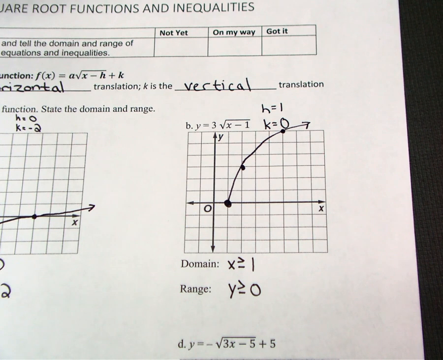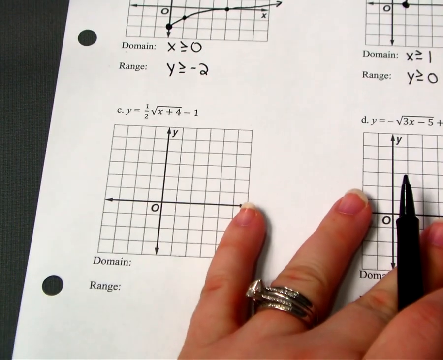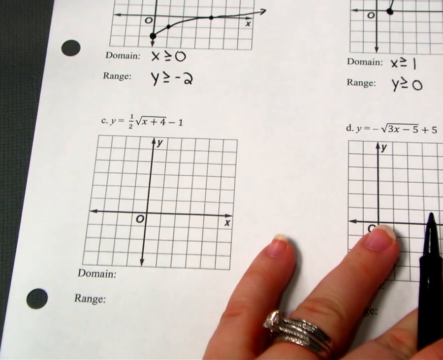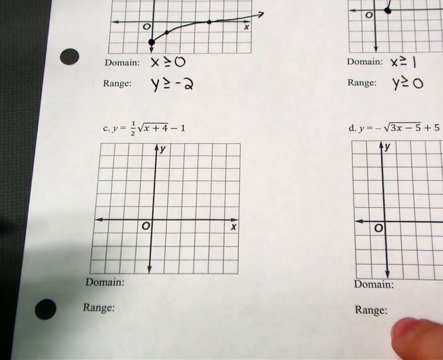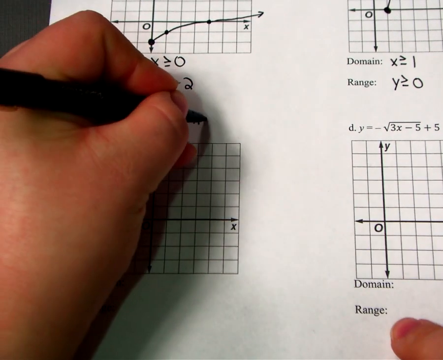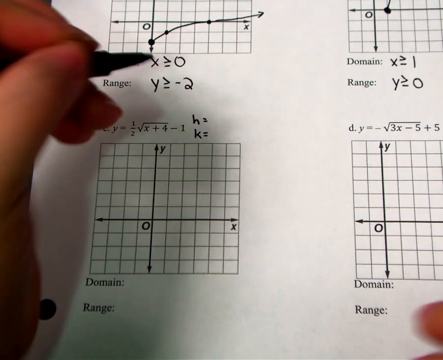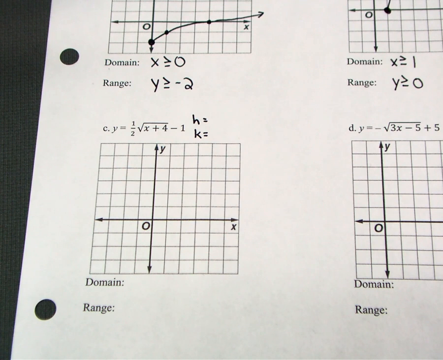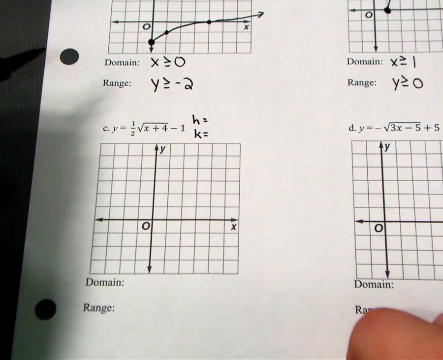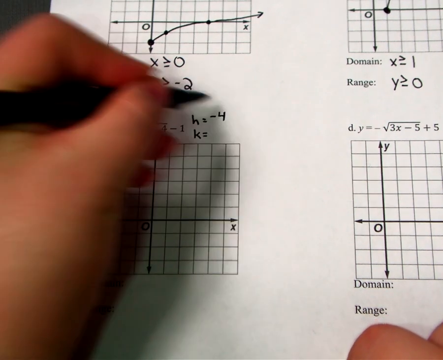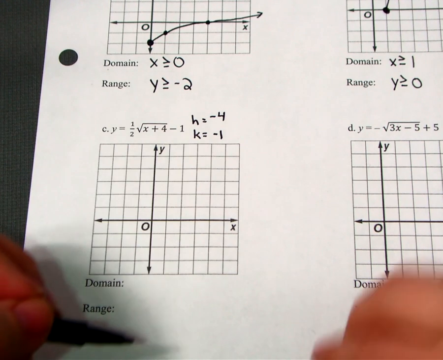Take a look at the next one and see if you can identify H and K. H in this case is -4. K is -1.